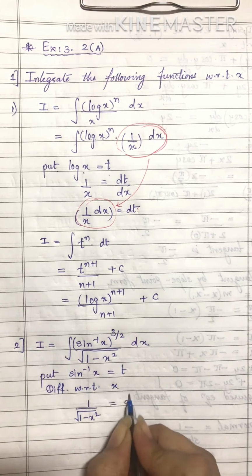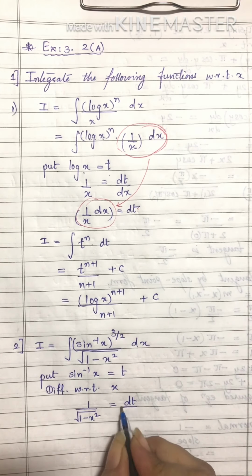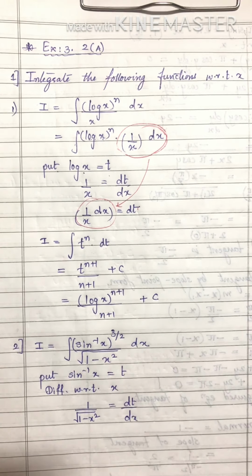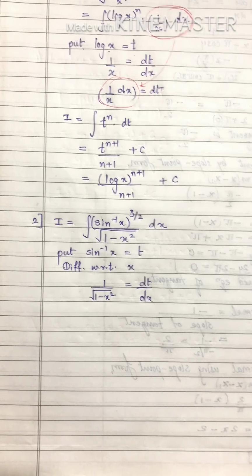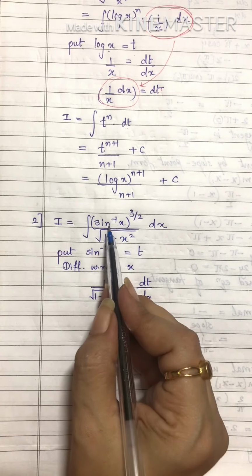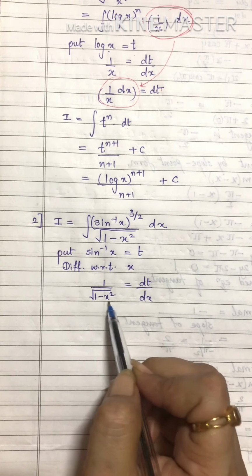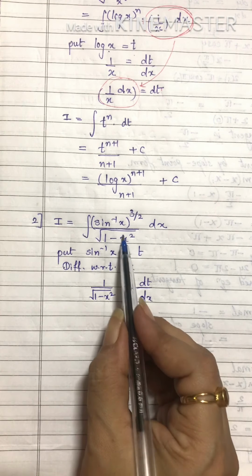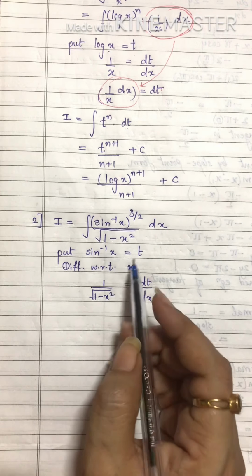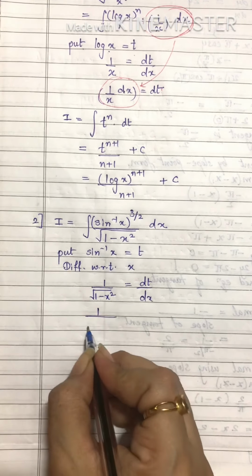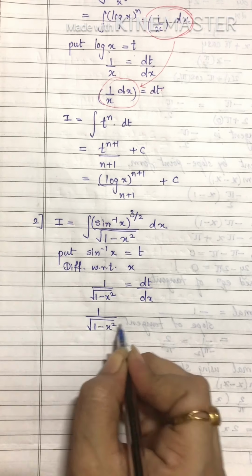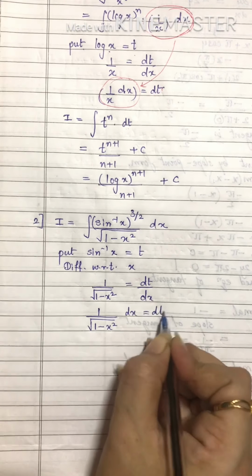So this is how you understand which term has to be substituted. I have taken that for the substitution. Again I will take dx this side, so I'll get 1 upon root 1 minus x square dx is equal to dt.